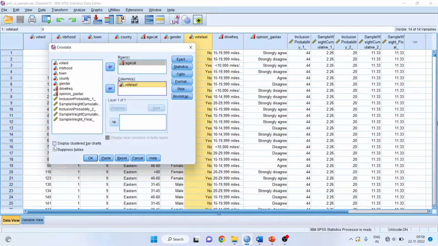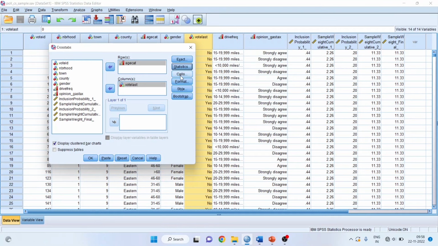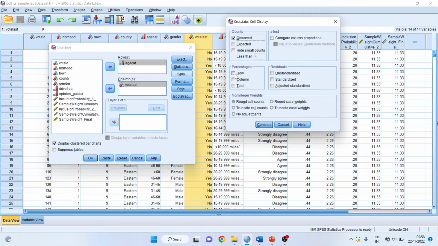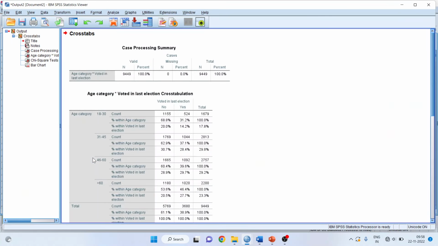Make sure that you take your display clustered bar chart. Now click on statistics. Activate the chi-square. Continue. Click on cells. Make sure that you take row, column, and continue. Click OK. You've got the results.